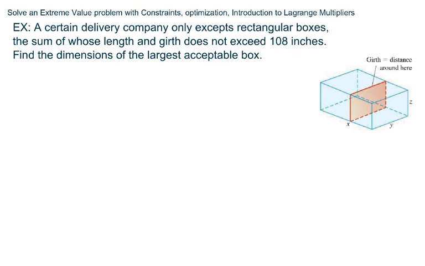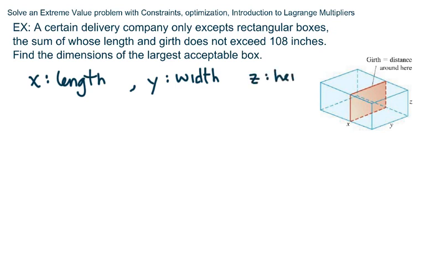We need to determine the dimensions of the largest acceptable box. All right, we have three variables here. I'm going to specify x is length, y is width, and z is the height.